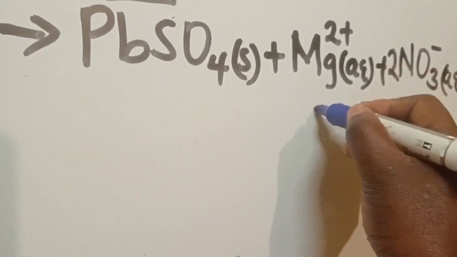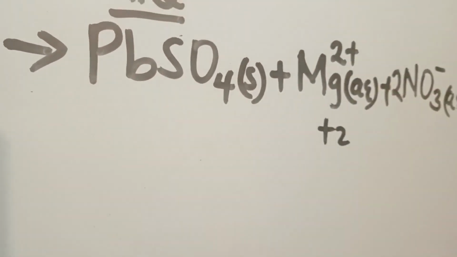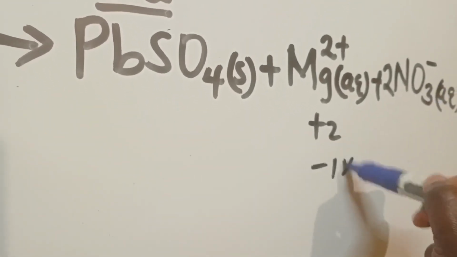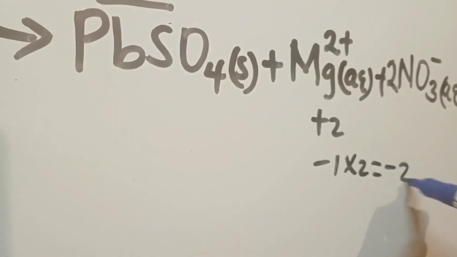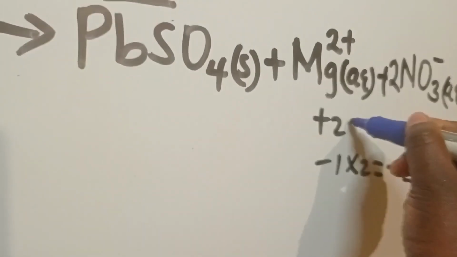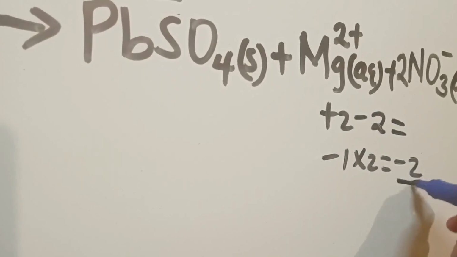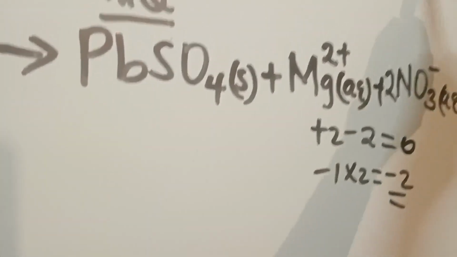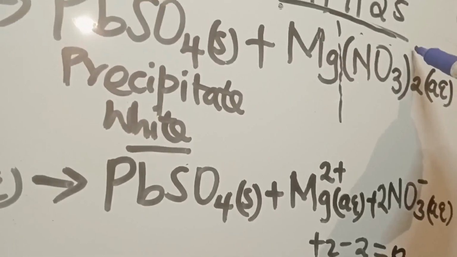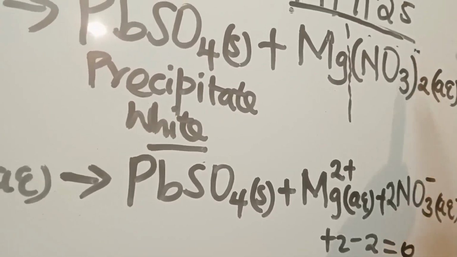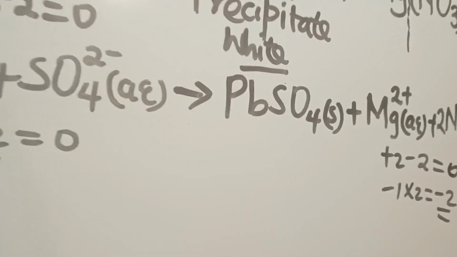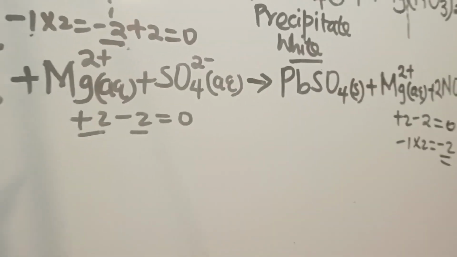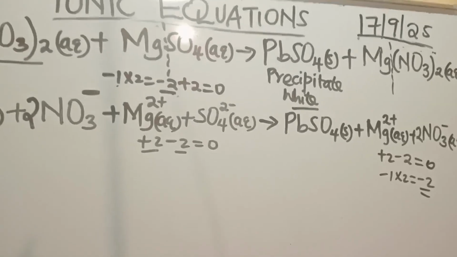For magnesium we have +2, nitrate has a -1 and there are 2 of them, so having a -2, you come here and say -2 for these 2 nitrate ions. So again the overall charge up here is supposed to be a 0. So that way all the ions are balanced. Their charges are already balanced.